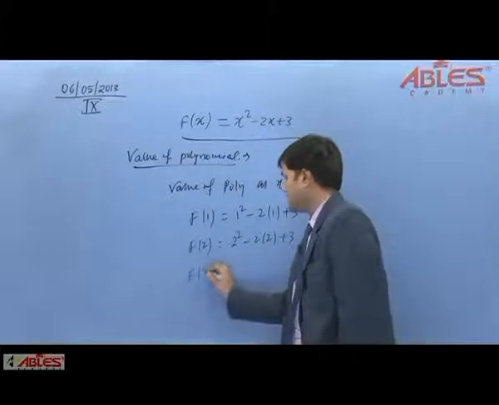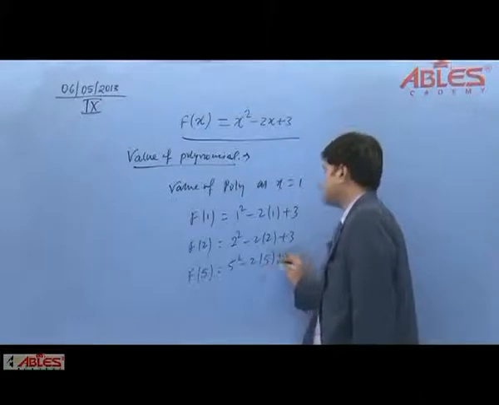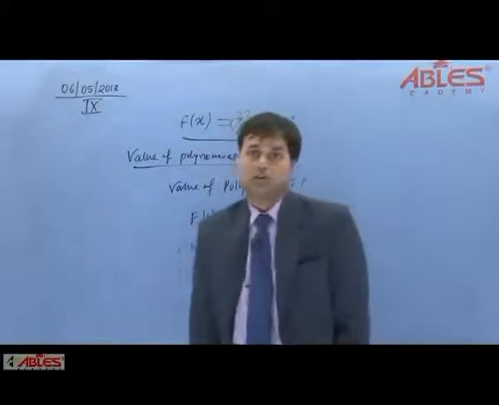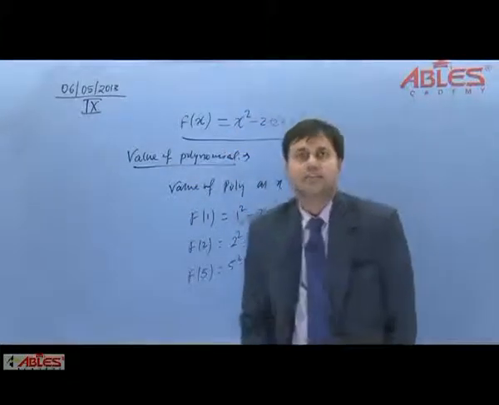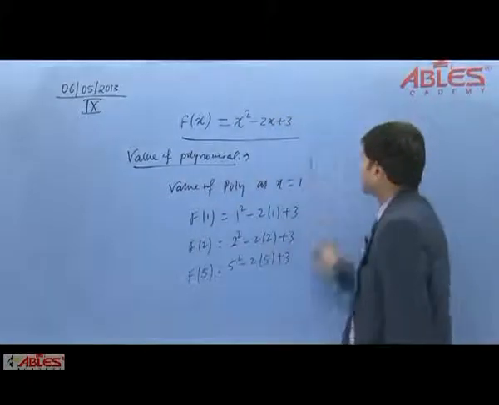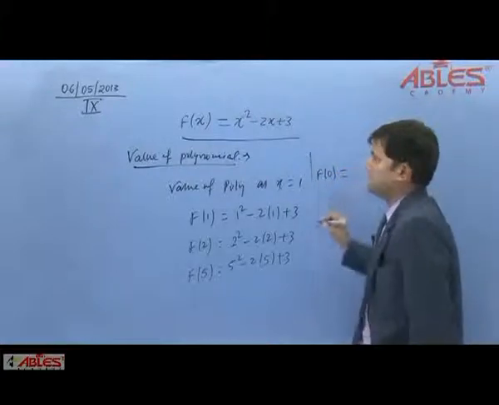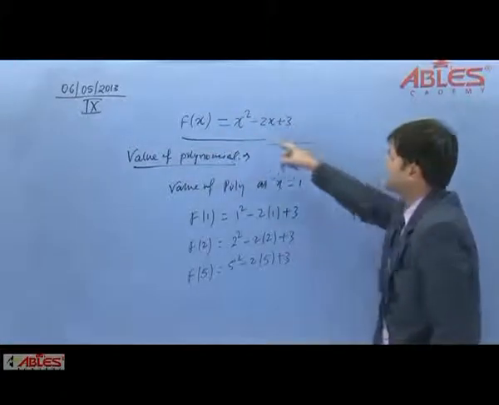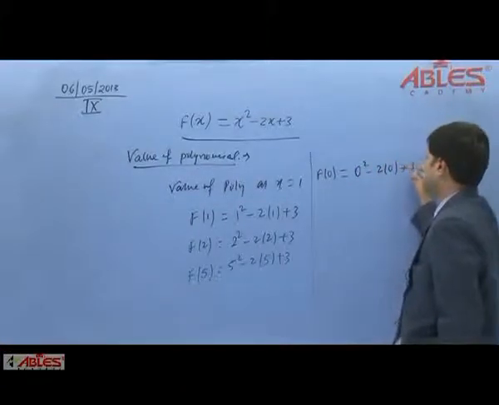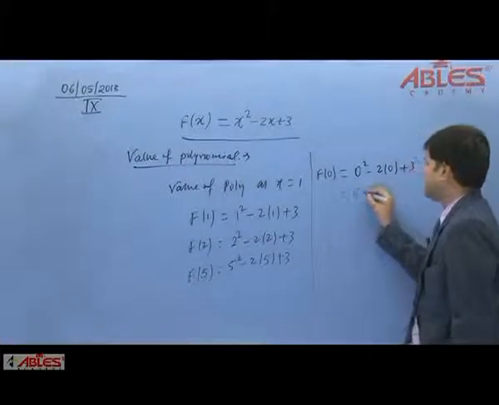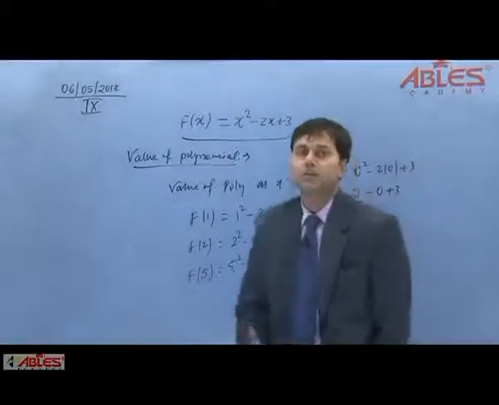You will get f of 5 equals 5 square minus 2 into 5 plus 3. Now suppose we have to find the value of polynomial at x equals 0. Then we put x equals 0 both sides. So you will get f of 0, which is 0 square minus 2 into 0 plus 3. As output you will get 0 minus 0 plus 3. We are getting 3.